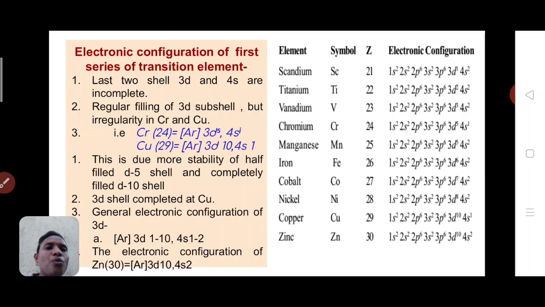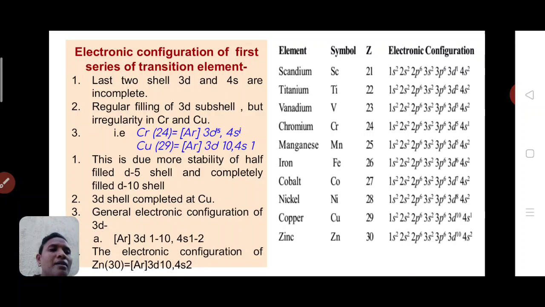This is due to the greater stability of the half filled d5 shell and the completely filled d10 shell. Chromium should have the 3d4 configuration, but it becomes 3d5 because 3d5 is half filled and has more stability than partially filled.